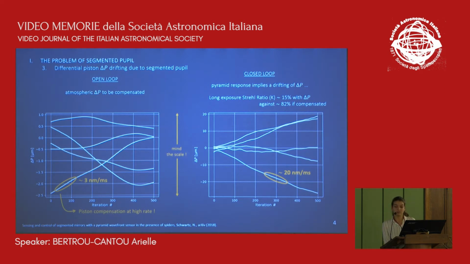Then we close the loop with our pyramid, and what happens is that it's not just that the pyramid is poorly sensitive to differential piston, it's badly sensitive, and the differential piston diverges quite rapidly. And we can see it in the Strehl ratio in the scientific camera, which is divided by 5.